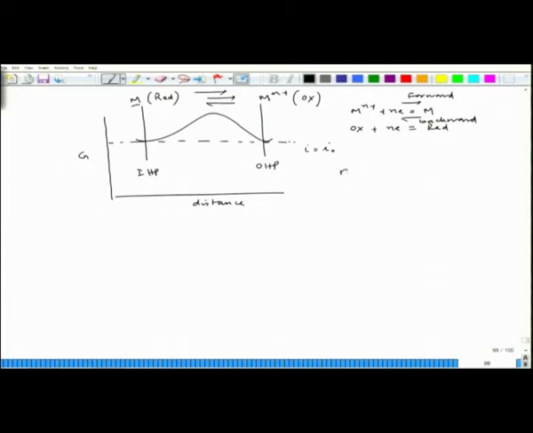So, rate R forward, we can consider it to be the same as R backward, and when this situation arrives, it reaches equilibrium, and we can call it R0.